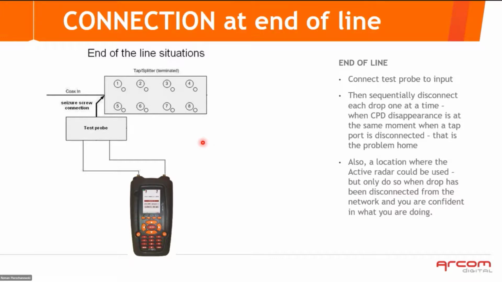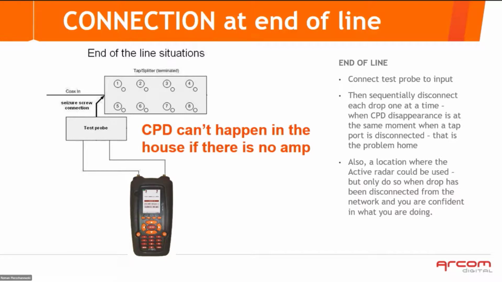It needs to be in the distribution network. On the drop line, it will not manifest itself with noise. But if you see the noise, this means that there is an amplifier in the house or in the MDU.